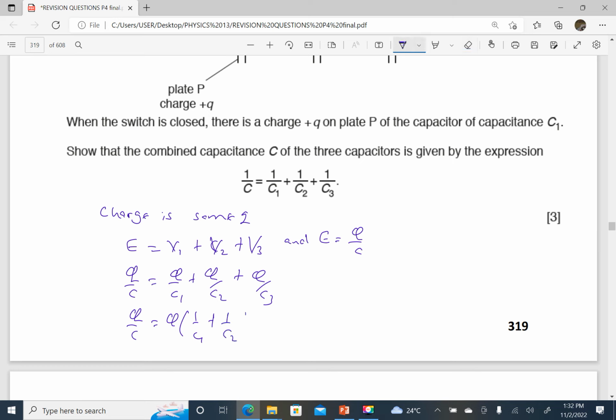Hence, we conclude that 1 over C is equal to 1 over C1 plus 1 over C2 plus 1 over C3. That is the total capacitance.